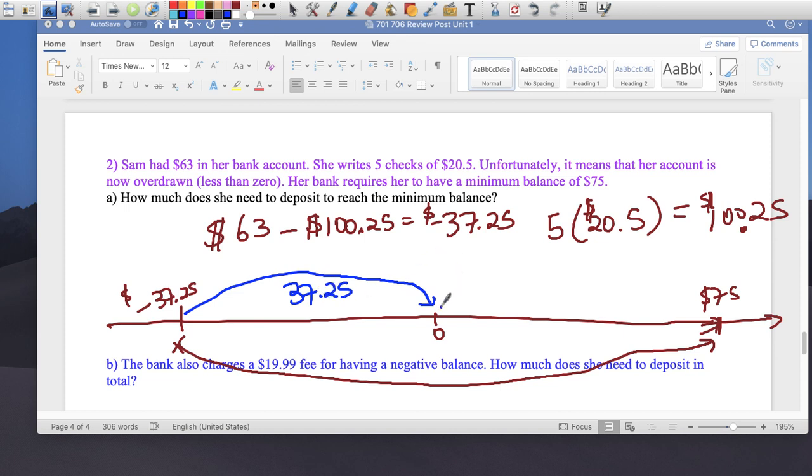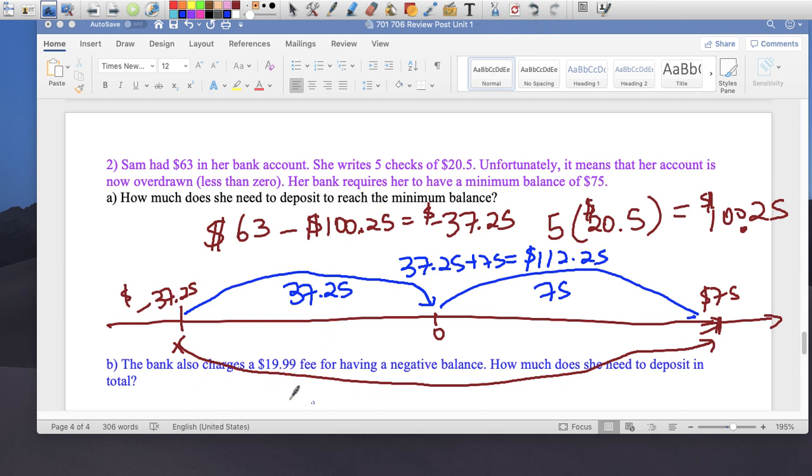And then she has to put another $75 in the bank. So the total would be these two numbers added up, right? So it's 37.25 plus 75, $112.25. So that's how much money she has to put in the bank.